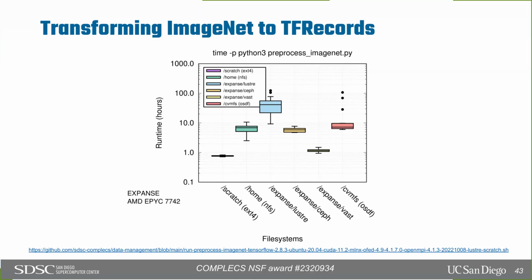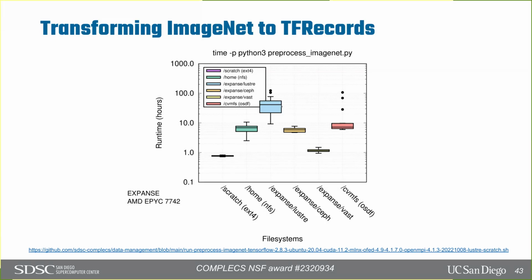So you can see here on the node local scratch, that local file system, really fast, right? It took under an hour on average to pre-process the data set. Doing it on my home directory on NFS, it's going over the network, so it's going to be a bit slower. I don't even recall whether it is spinning disk or NVMe backing our home directories. I think it's spinning disk. But it took under 10 hours, like 5, 6 hours on average.